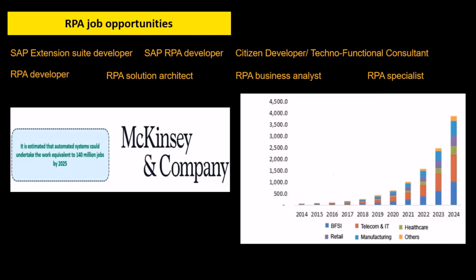RPA developer, RPA solution architect, RPA business analyst, RPA specialist. And as you can see in the sector wise chart I have shown you, BFSI, manufacturing, in every sector you need automation and those experts.